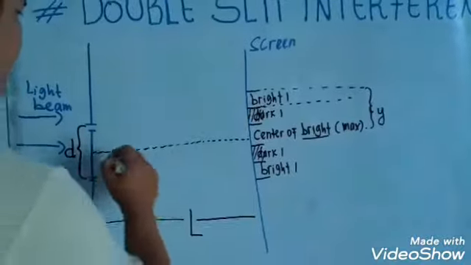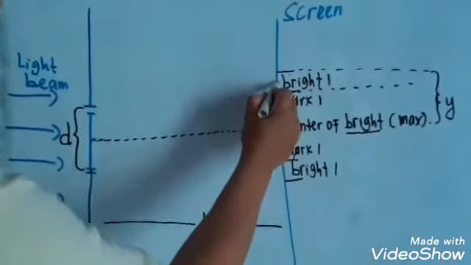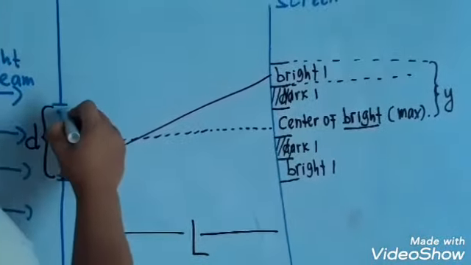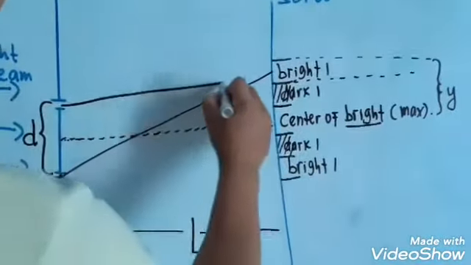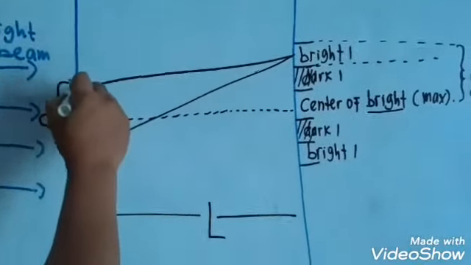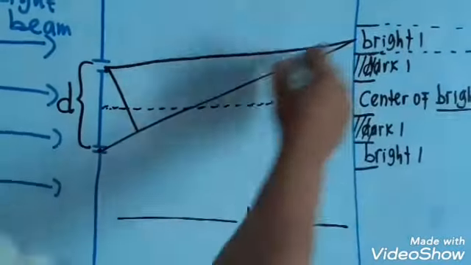So if we draw from this point to the bright one, like this, and then also we draw the line here from the second slit, and we draw the line that is perpendicular to the first one.